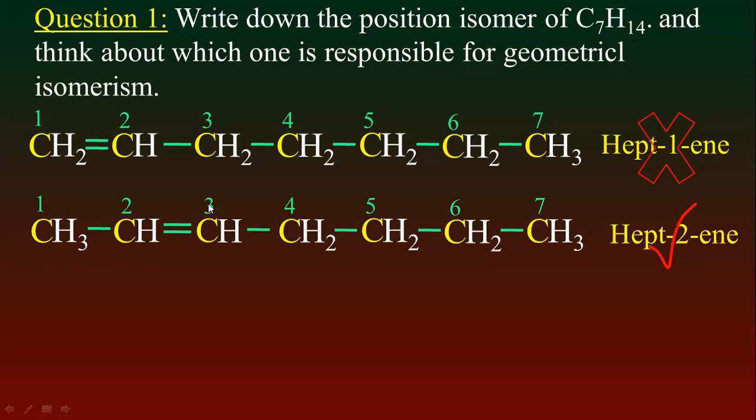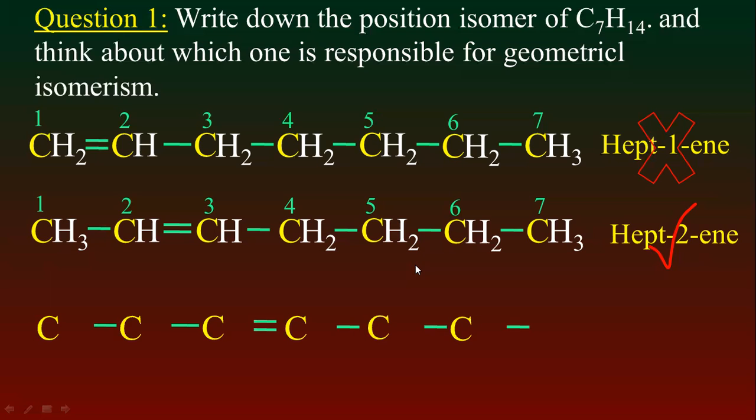And the third carbon, also containing the double bond, has two different groups, one hydrogen and the rest of the chain. So rotation is restricted and two different isomers, cis and trans, can be created here.